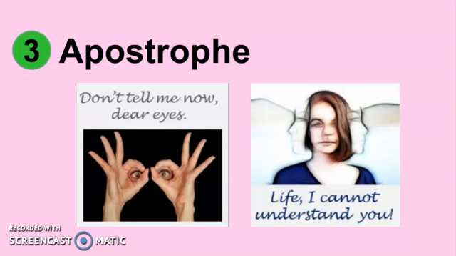Don't tell me now, dear eyes. Life, I cannot understand you. Now, in this example, the one who made this is addressing someone absent, dead or non-human, as if that person or thing were alive or present, and that's apostrophe.